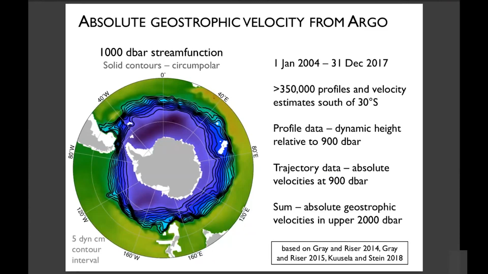That's work in progress. But this plot is just made using the reference level field calculated from the Argo trajectories. Does that answer your question? Okay. Yeah.